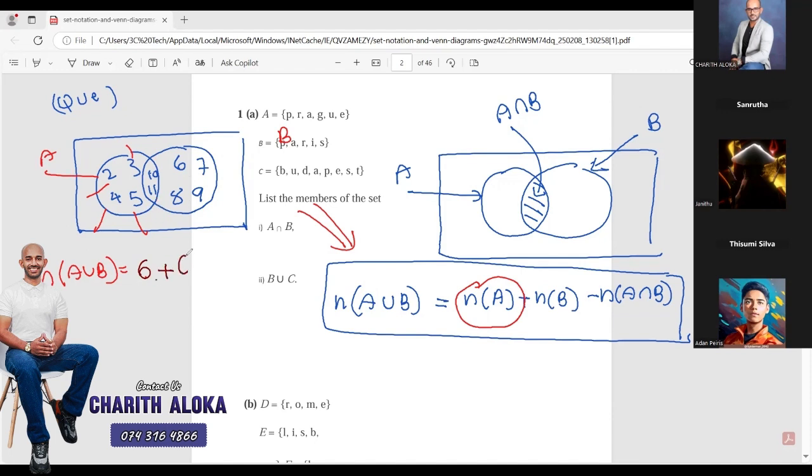Then plus 6, n(A) plus n(B), minus n(A intersect B). A intersect B means 2. 6 plus 6, 12, 12 minus 2.